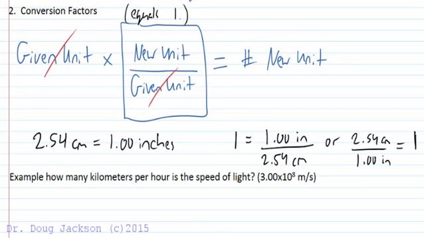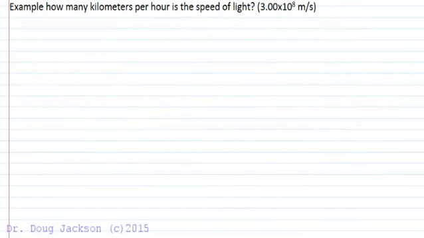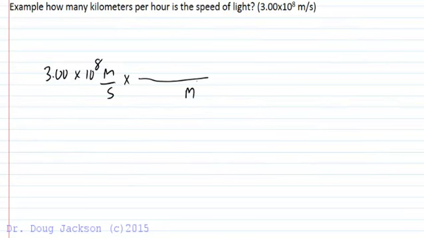So let's see this in practice. Let's do an example. How many kilometers per hour is the speed of light? And so we're given that the speed of light is 3.00 times 10 to the 8 meters per second. And what do I want? I want kilometers per hour, not meters per second. So I'm starting with a unit, and I want to get rid of that unit, so it has to go on the bottom.